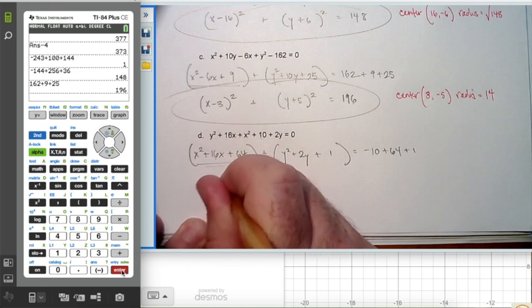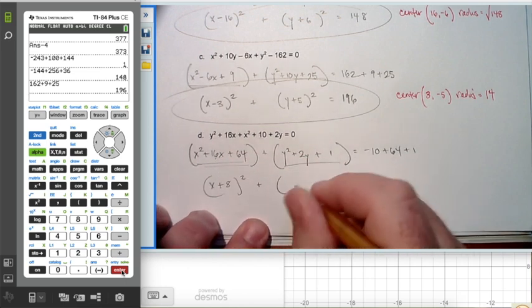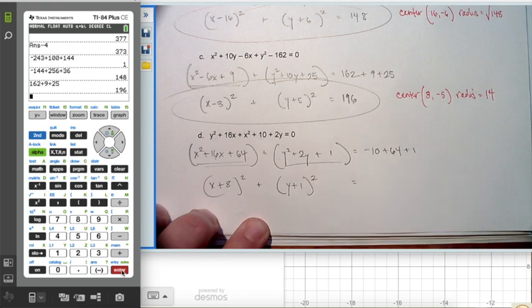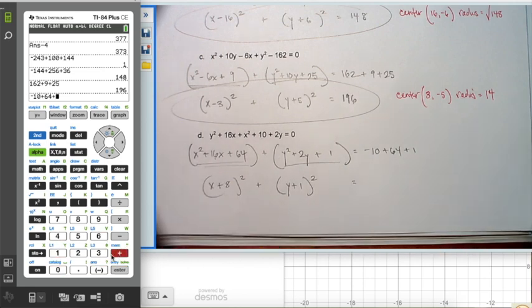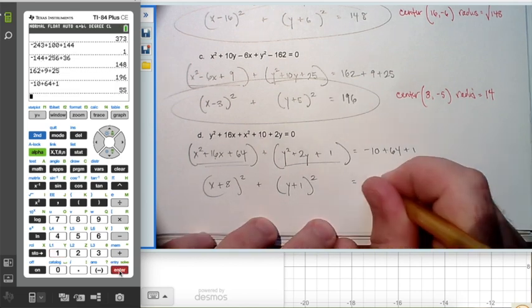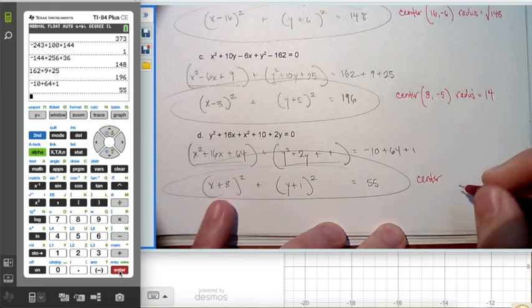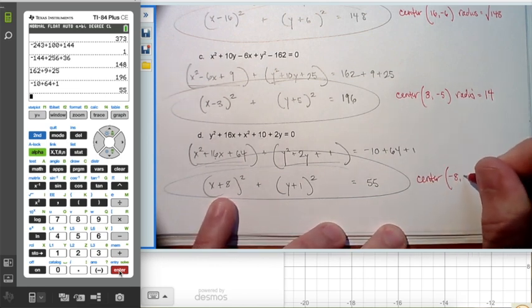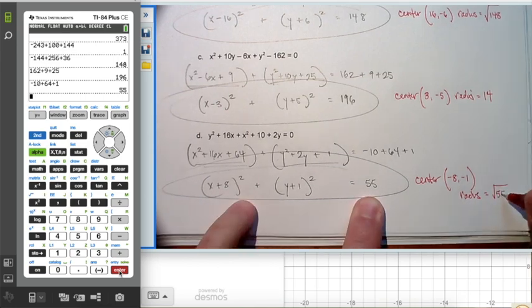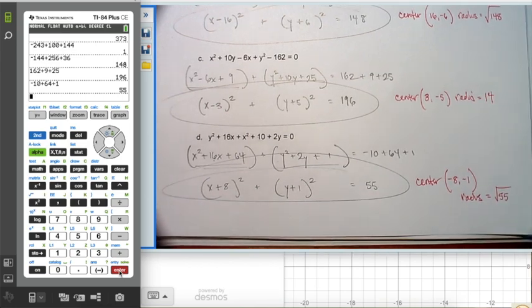Factor everything. The first set of parentheses becomes x plus 8 squared. Second set of parentheses becomes y plus 1 squared. And then those constants on the right-hand side, those all add up to 55. So there's my standard form. My center is very clearly negative 8, negative 1, and my radius is the square root of 55. Holla!